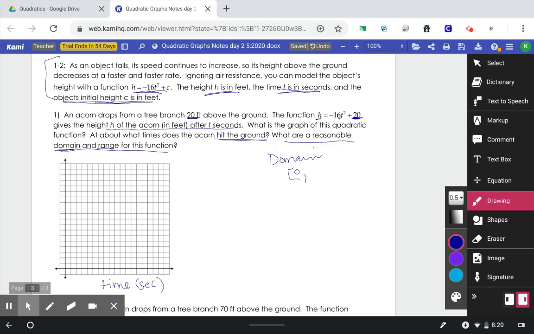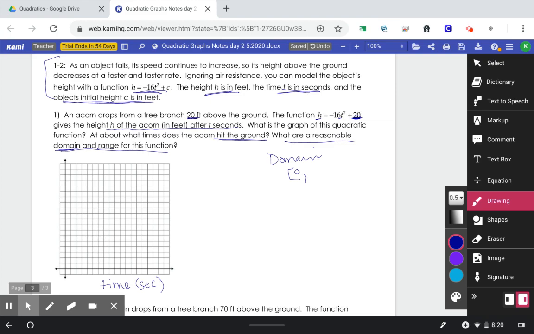So let's start there. When I put this in my calculator, I'm going to start where x is 0. And it says y is 20. And that makes sense because if 0 time has gone by, I am still holding that acorn 20 feet, or it's still on the branch 20 feet above the ground.